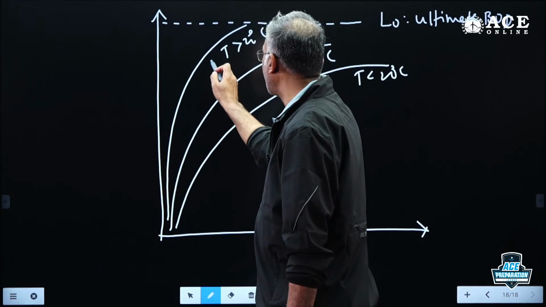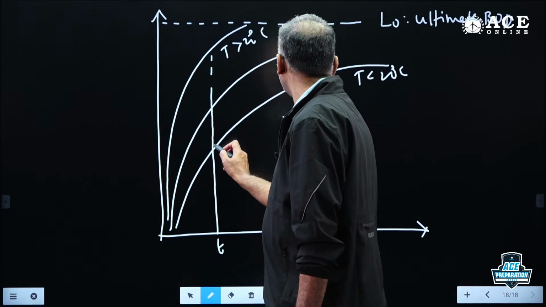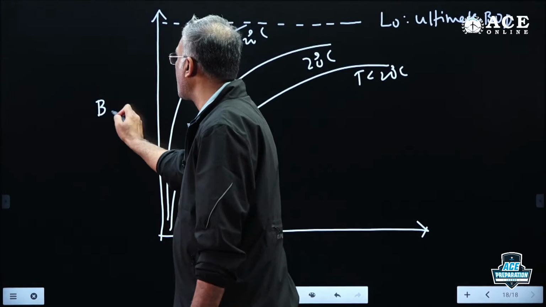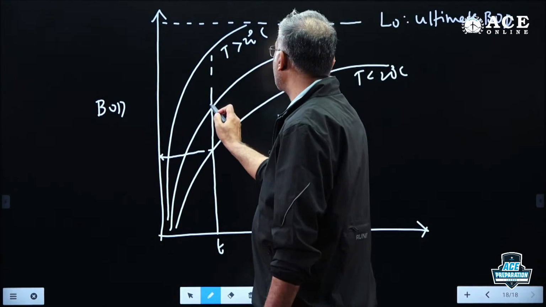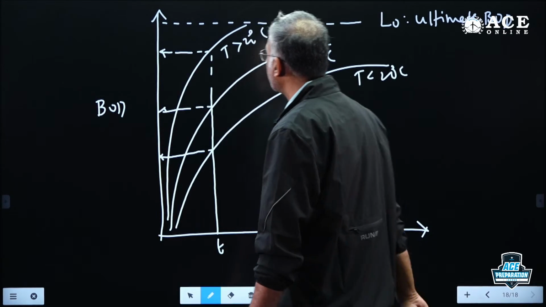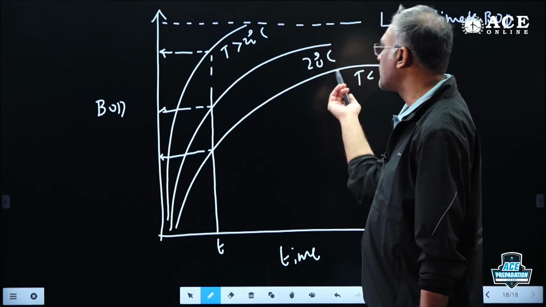At the same time, if you work out different temperatures, you will get different BOD values. At a temperature less than 20 degrees, this much BOD we get, on this BOD versus time plot. At 20 degrees, this much BOD. At more than 20 degrees, this much BOD. Temperature may be constant while time changes, and things will change.